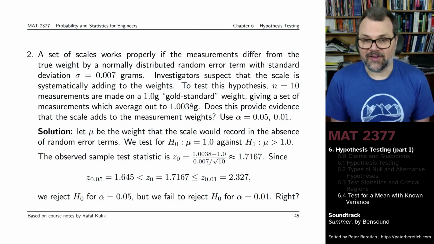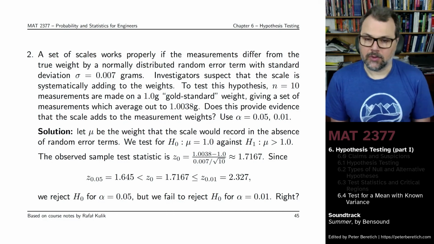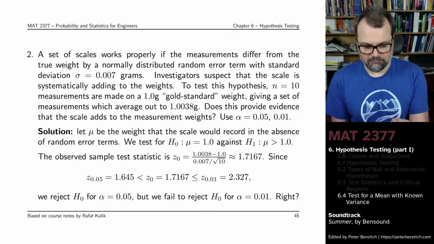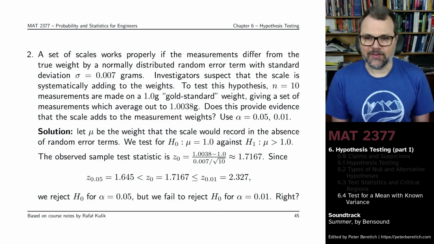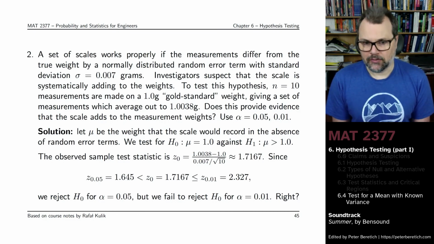Now let's say that our investigators actually suspect that the scale is systematically adding to the weights. So we'll test this hypothesis by making 10 measurements on a gold standard unit, which we know weighs 1.0 grams. You do it 10 times, you get 10 observations, you take the average of these 10 observations, and you get a sample mean of 1.0038.